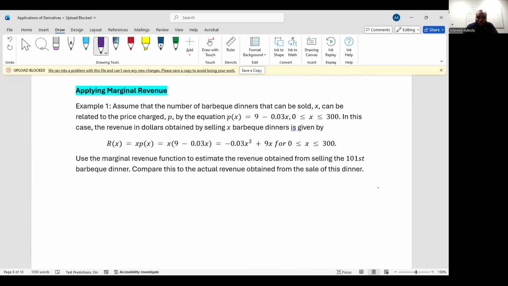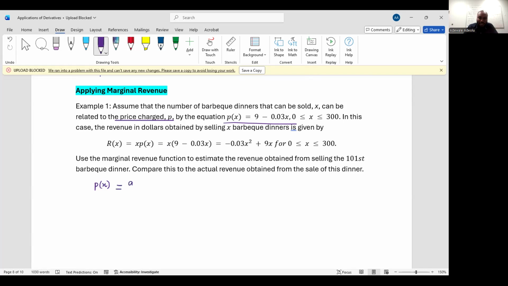Assume that the number of barbecue dinners that can be sold, X, can be related to the price charged, P, by the equation. So the price, P of X, because we use capital P for profit, small p for price.